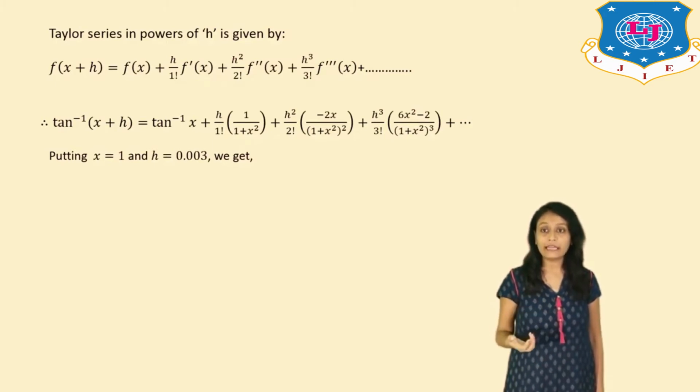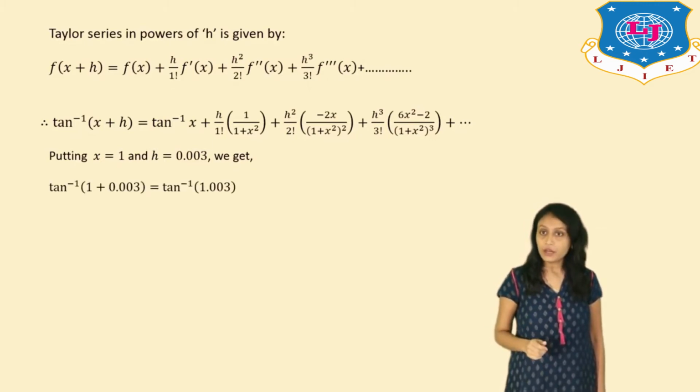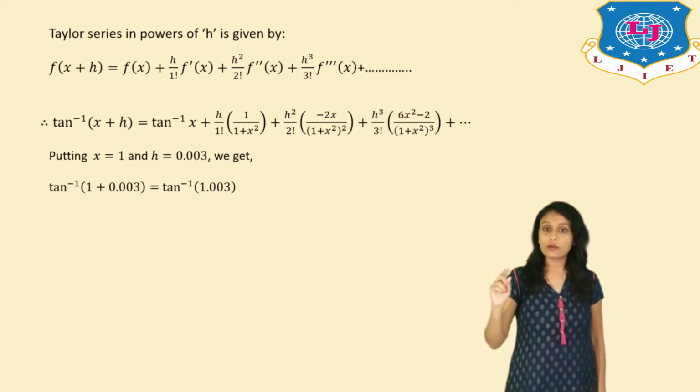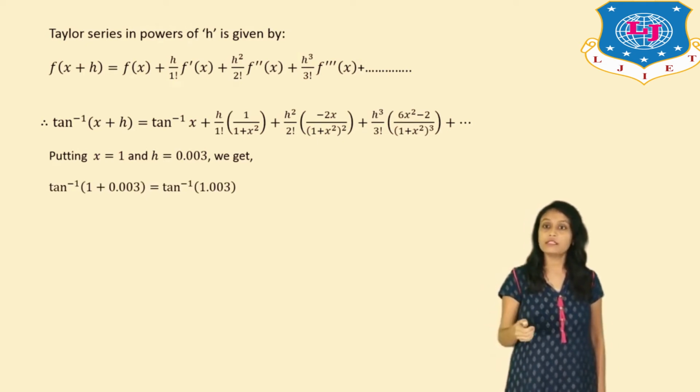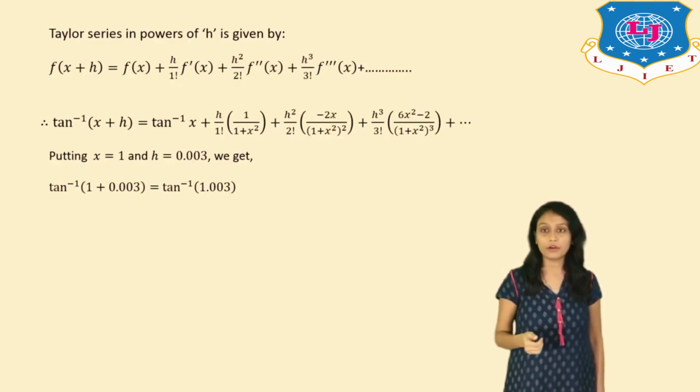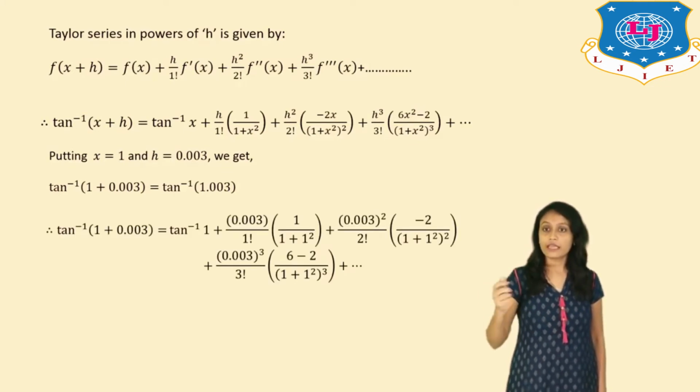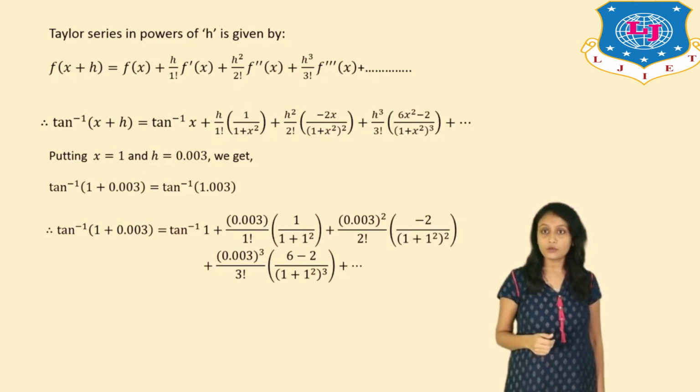Okay, so to find that, we'll substitute x equal to 1 and h equal to 0.003. On substituting, you will get tan inverse 1.003. Right, so tan inverse 1.003 equals what?